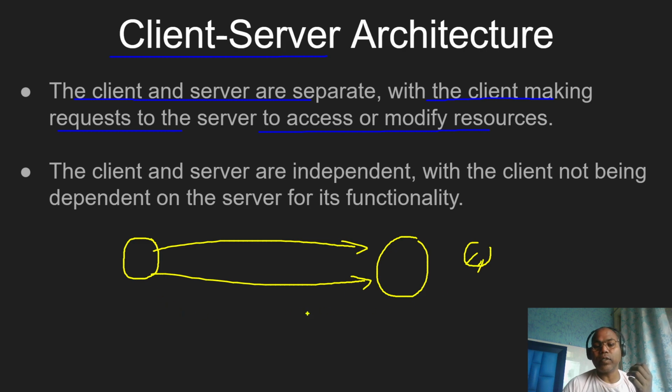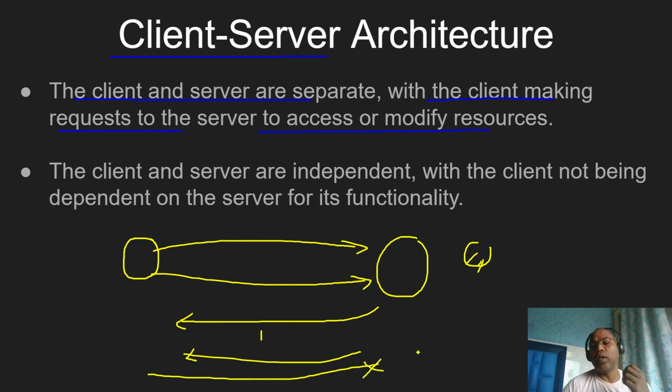Our client can request, hey, I want to get resources, maybe a single resource or a list of resources, or the client can send a request to delete as well. So all the CRUD operations, create, read, update, and delete, happen between the client front-end application and the backend server application.